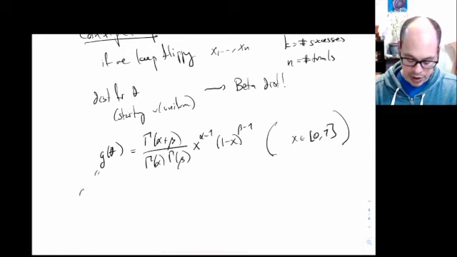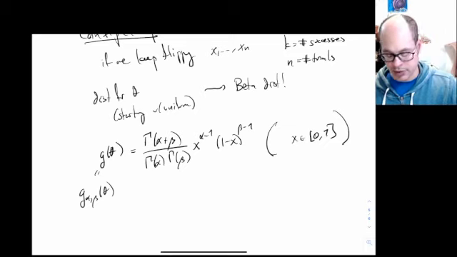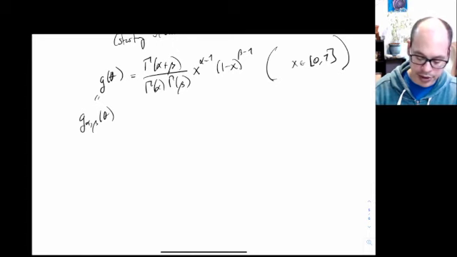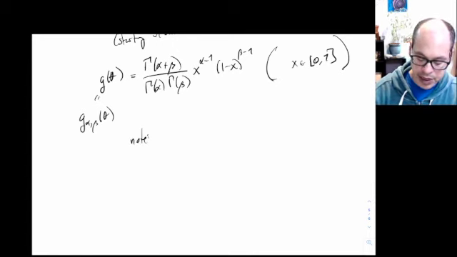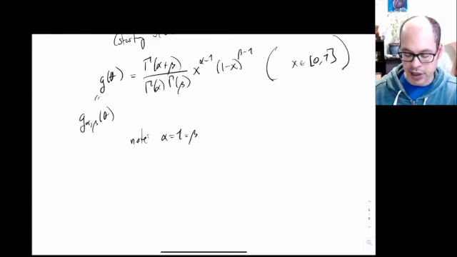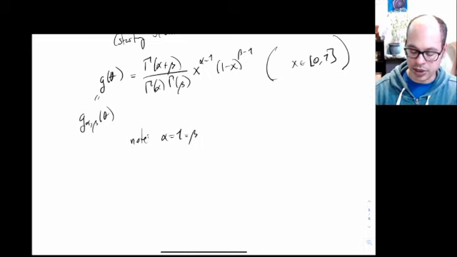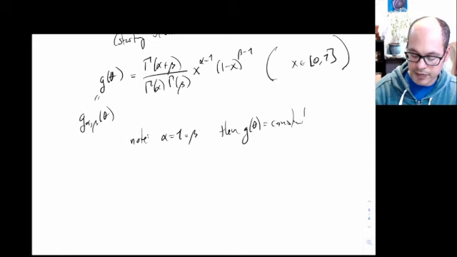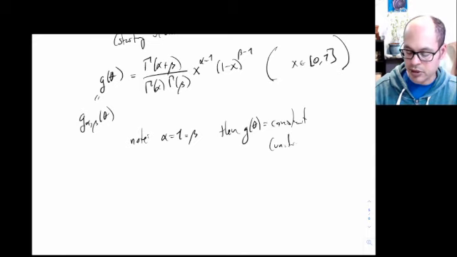And this is some g which is really depending on a couple of parameters, alpha and beta. So note that if alpha equals 1 equals beta, then both of these exponents are just 0, and this is just a constant function. And we get the uniform distribution on 0, 1.